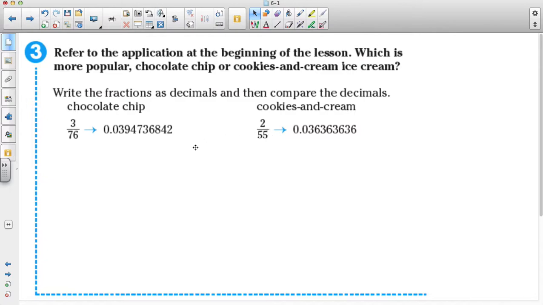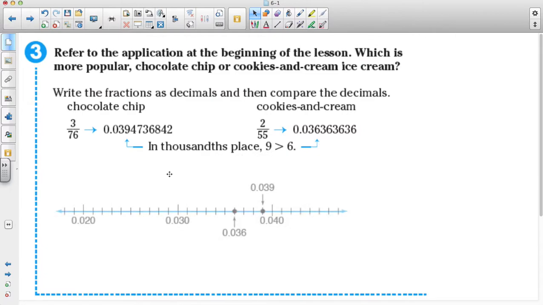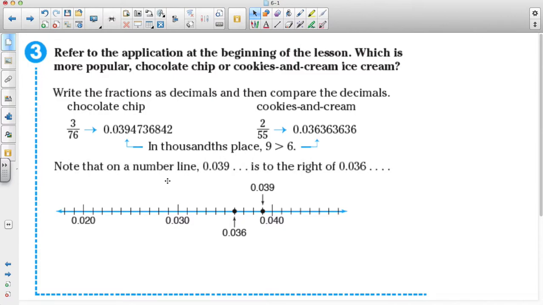Now notice that in the thousandths place, 3 over 76 has 9, and 2 over 55 has 6. So in this case, 9 is greater than 6. If we put this on the number line, 0.039 is to the right of 0.036.